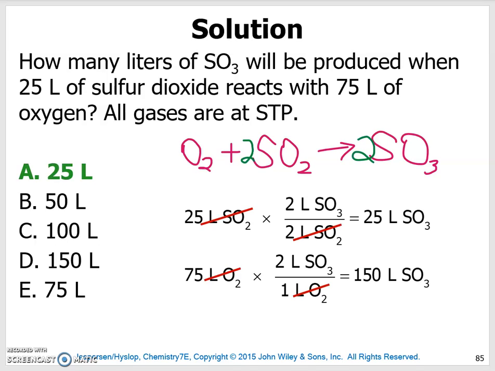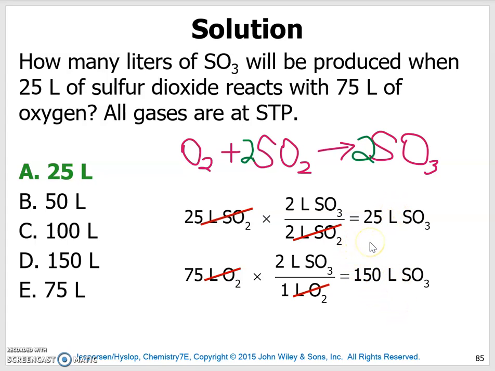Alright, so the answer is 25 liters of sulfur trioxide are produced. So this is a limiting reactant problem. We have to set up both with sulfur dioxide and oxygen. Use those mole ratios. I've balanced the equation now. And then we get 2 different answers.